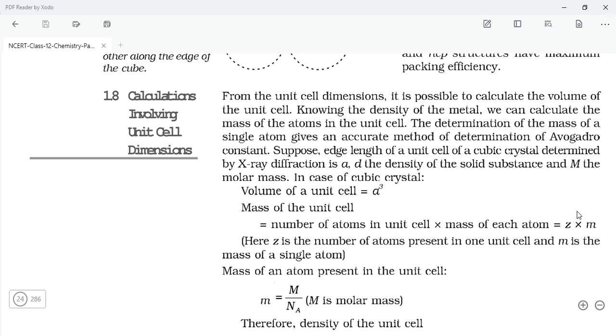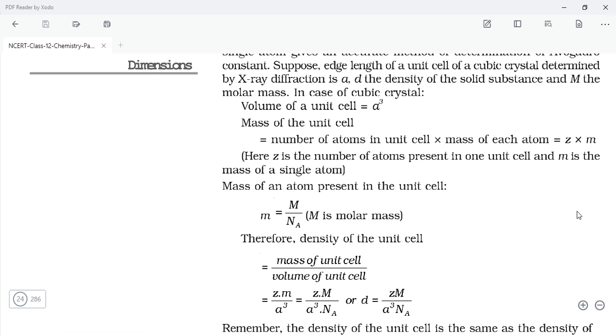You already read this in 11th class, first chapter, I guess. Therefore, the density of the unit cell is equal to mass of unit cell upon volume of the unit cell. Density is mass upon volume, of course. So Z m upon a cube, Z capital M upon a cube Na, or d is equal to Z M upon a cube Na.